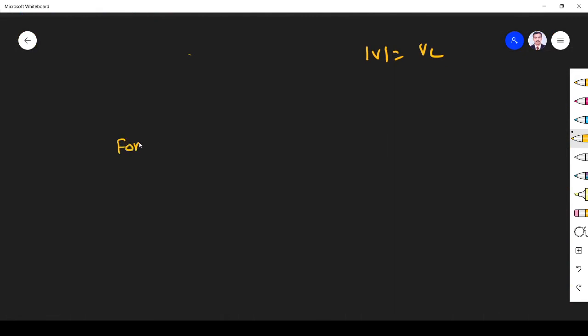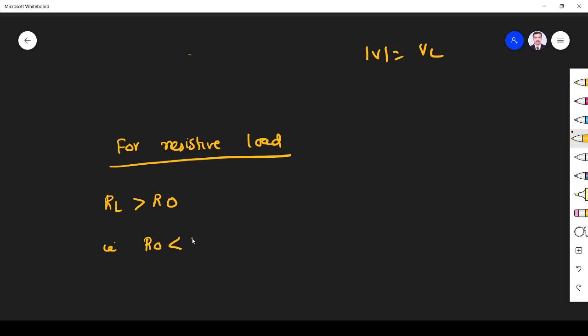So we studied open circuit load and short circuit load, now we go for resistive load. If the load is resistive, R naught must be less than RL, and RL must be less than infinity. If it is infinity, it will become an open circuit load. That is what we must know.